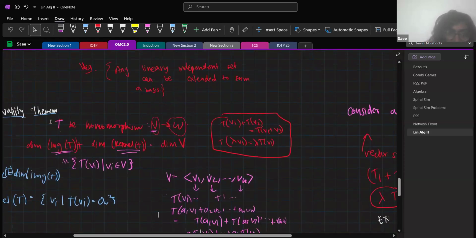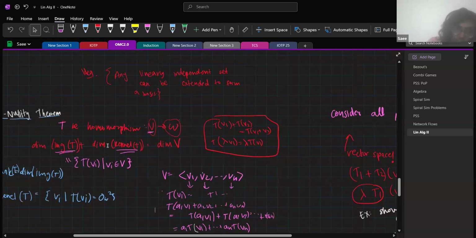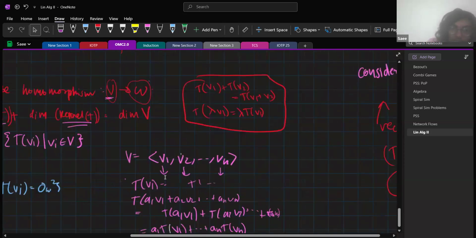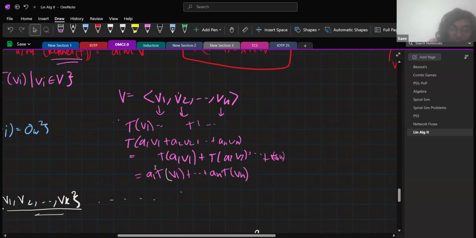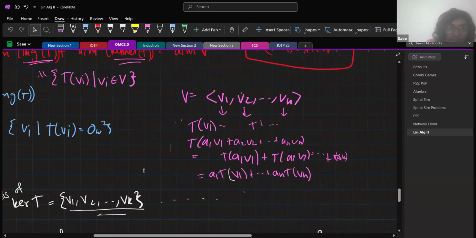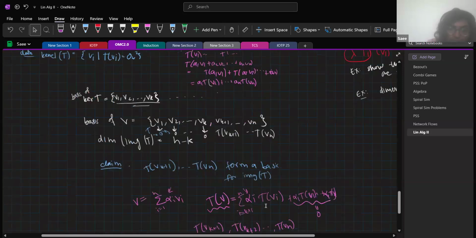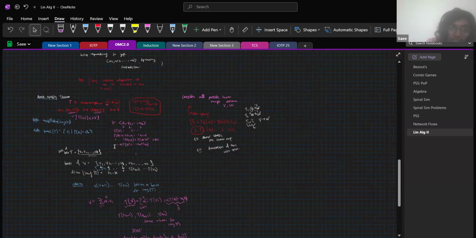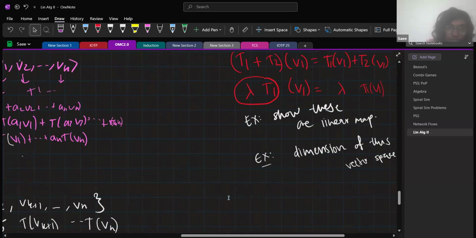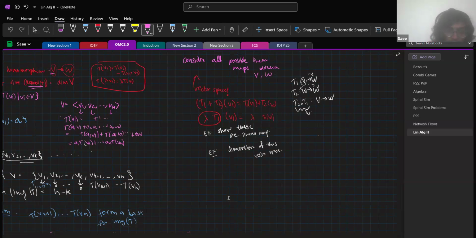So basically, if you fix a basis for V, and if you fix a linear map, then that entire linear map can be characterized simply by where the basis elements are going. The nice way to write that is, okay, let's say T of V1 is going to be some vector, like a multiplication of a matrix and a vector.